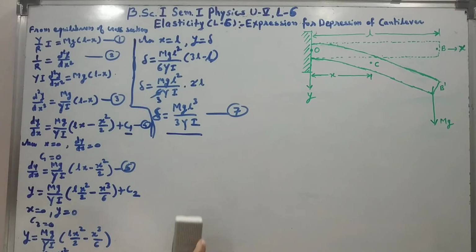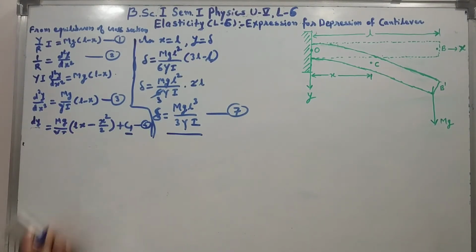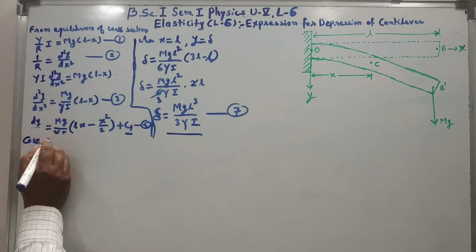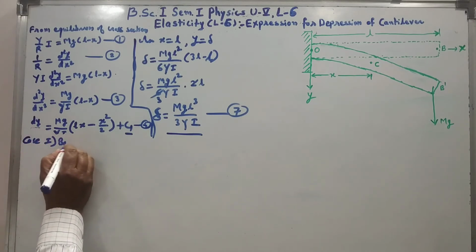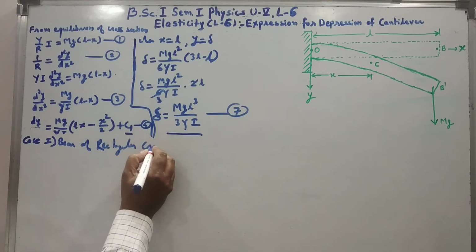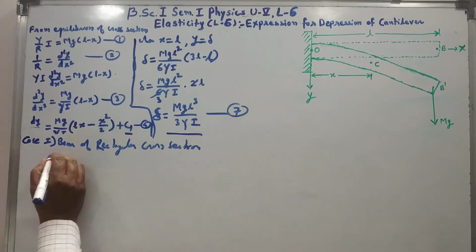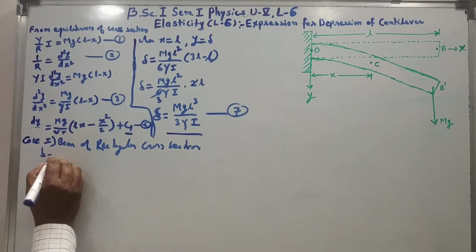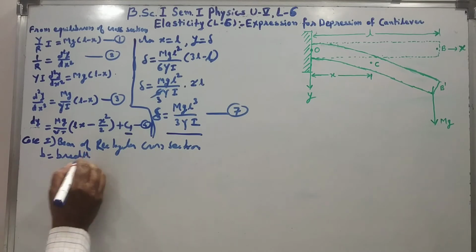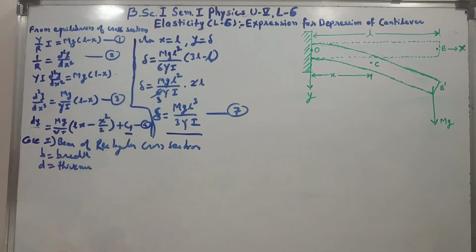So let us discuss case 1, the beam of rectangular cross section of breadth B and thickness D. B is the breadth and D is the thickness of the beam.